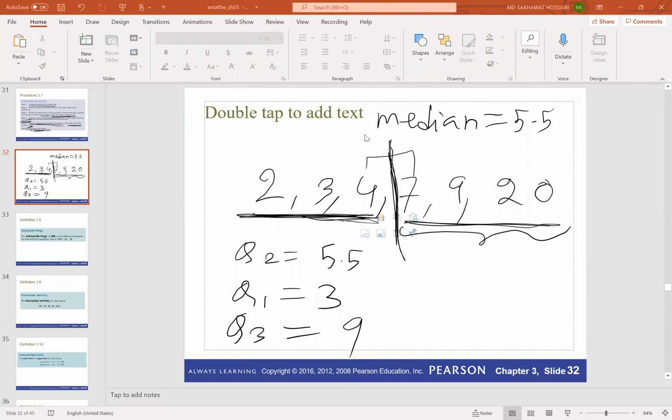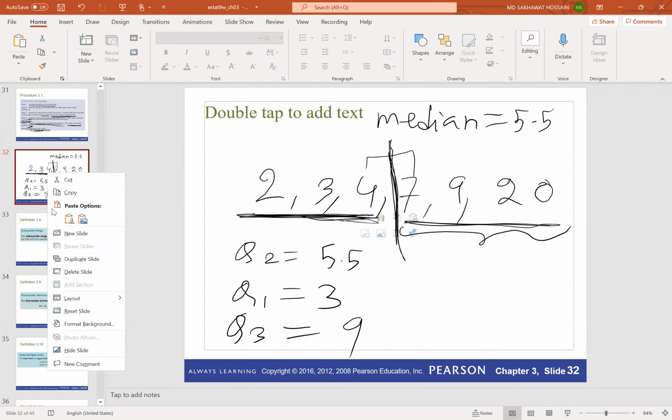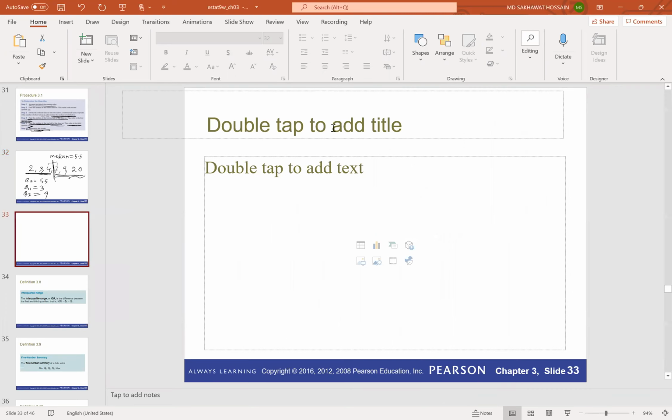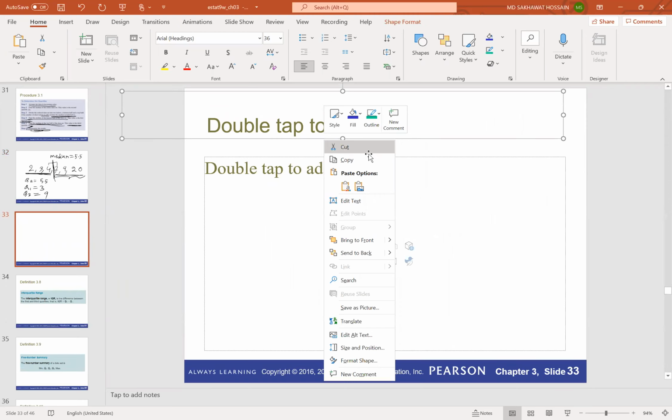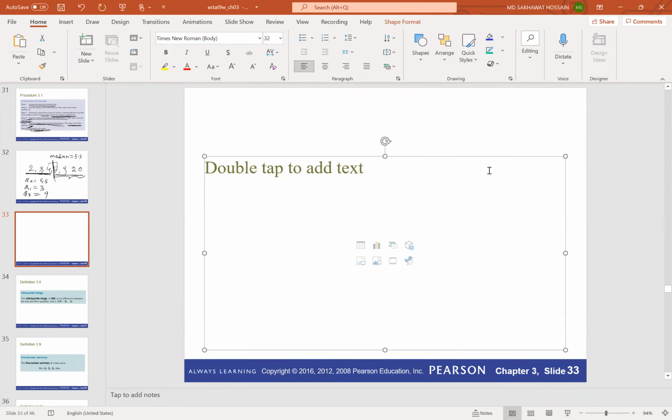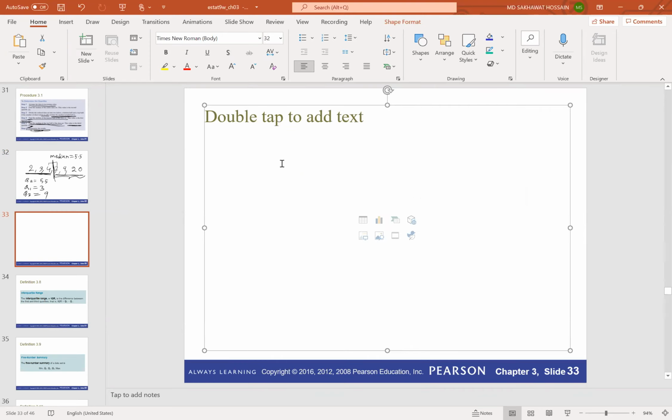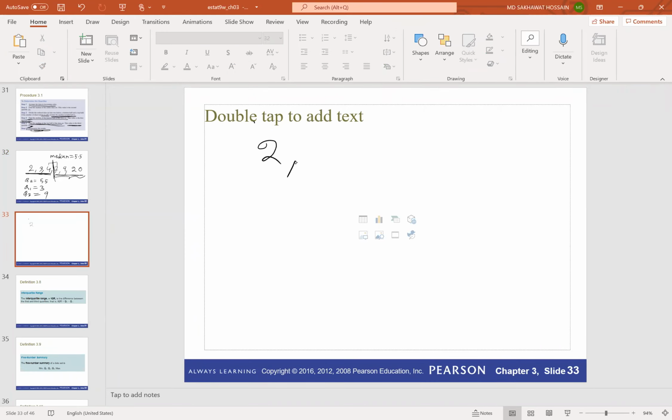Now consider another example. When you have an even number of observations in the data set, it will not be a problem to calculate Q1, Q2, Q3. In the previous example, we had 2, 3, 4, 7.